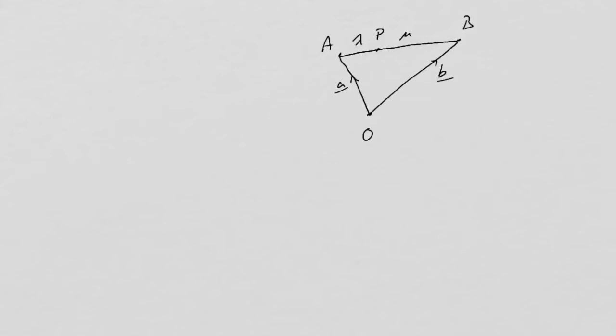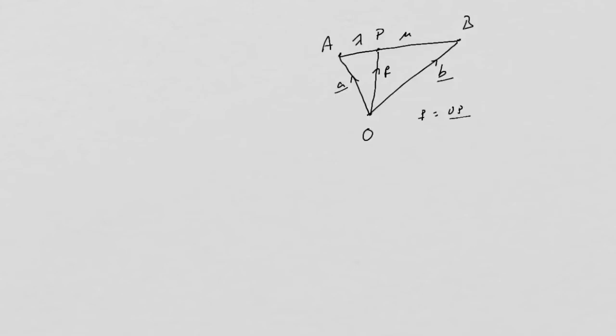So, if we say we have a point A and a point B, and we want to split that in a ratio of lambda to mu, which is traditional, and we're going to call that point P. So again, we can say arbitrarily we have an origin, and that's therefore the vector A, and that's the vector B, and then we have here the vector P, where P equals OP.